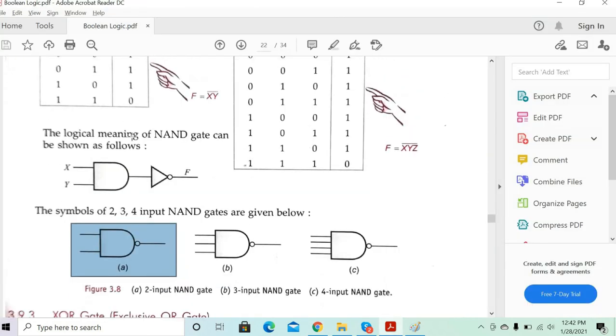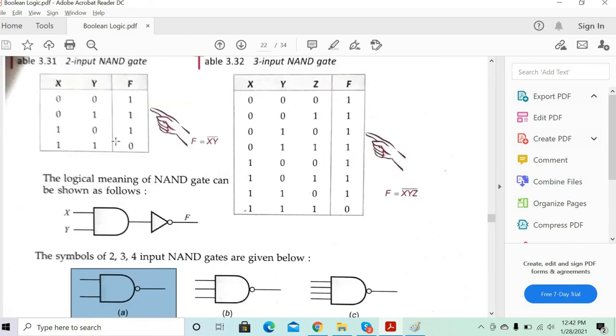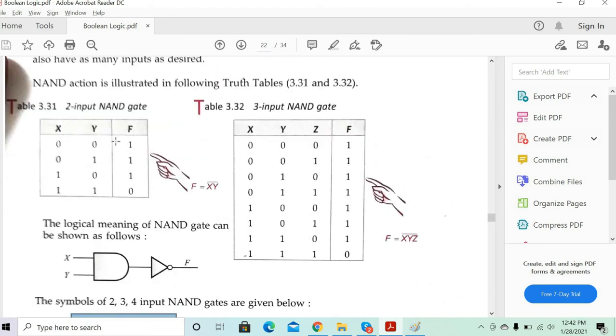So what will be the truth table for NAND gate? Whatever the AND gate output is, that will get complemented. AND gate output is all the time 0 except for 1 when both the inputs are 1.